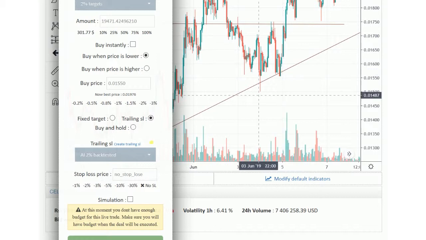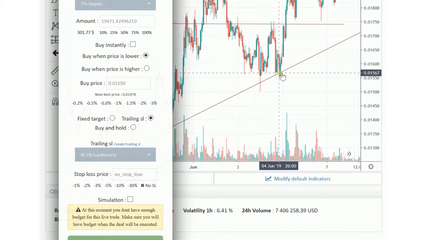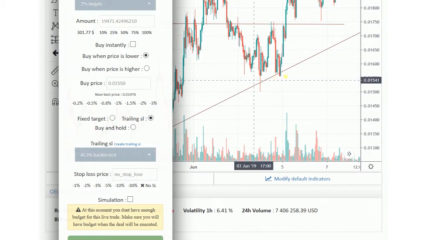It will not give you an error that you don't have enough capital. So you can overbook your capital ahead of time, and if you do not have capital at the moment when a trade is about to execute, you will receive an error. But if capital is freed at that point, the system will automatically create that trade.